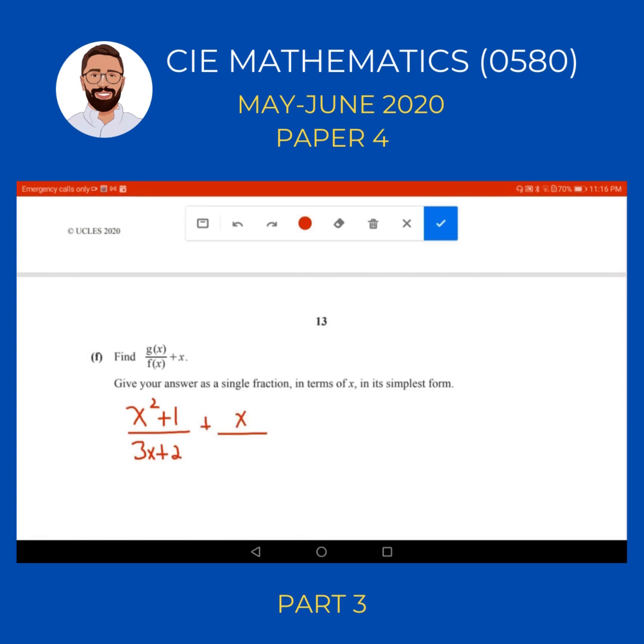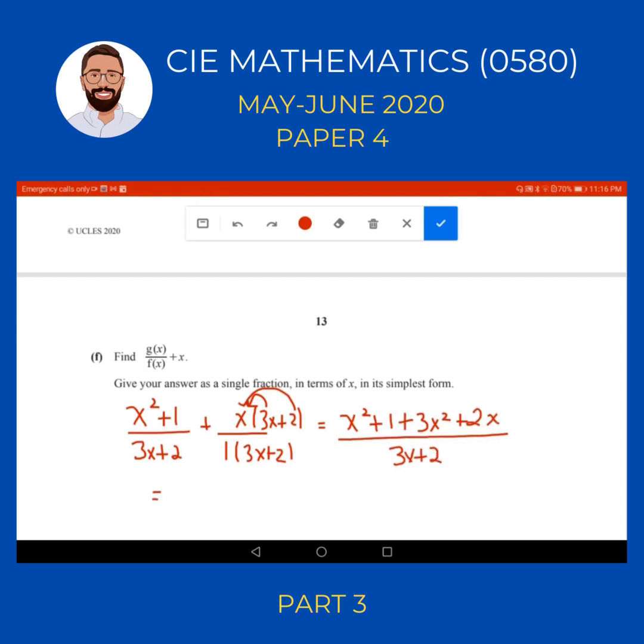Now, how can I add (x squared plus 1) over (3x plus 2) plus x? So I need to have a common denominator, so I'm multiplying x by 3x plus 2. So it becomes x squared plus 1 plus 3x times x is 3x squared, plus 2 times x is 2x, divided by 3x plus 2.